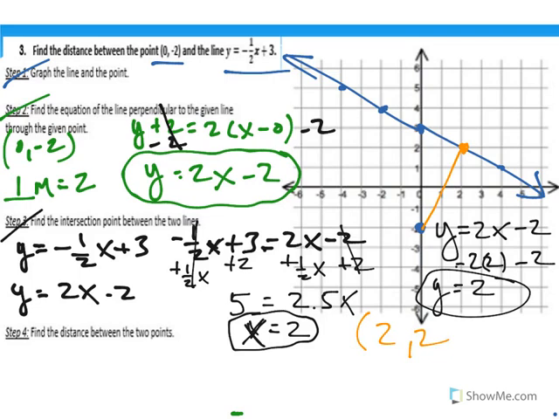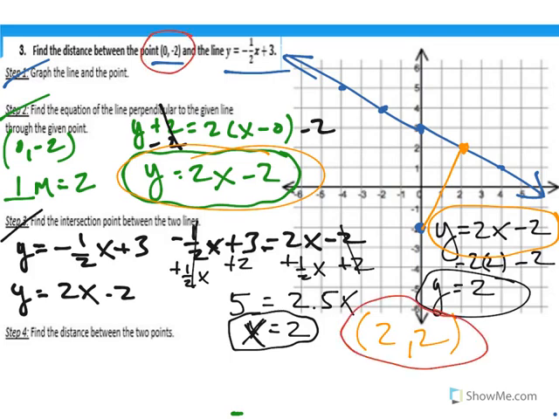I can find that out algebraically by setting both equations equal to each other, solving for x, and then using that x value to plug into this equation, which I found in step 2, in order to solve for the y value. So now I have a point of intersection, and at this point I have 2 points: this one here, and the original that was given here.